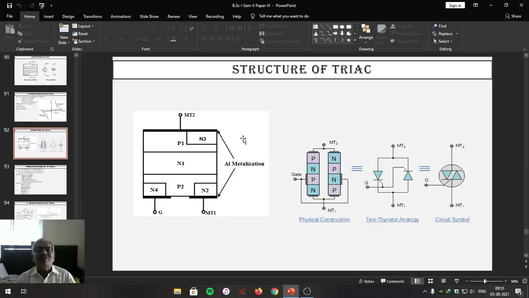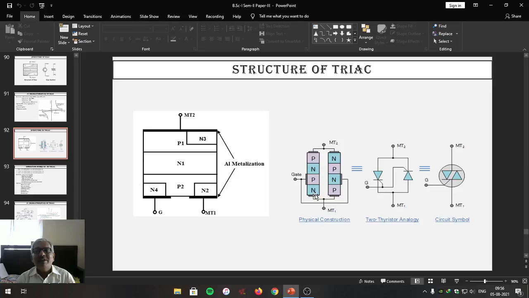Under this condition, assuming MT2 is positive, the P1 region is forward biased, whereas N3 is reverse biased. As far as MT1 is concerned, it will forward bias the N2 region and reverse bias the P2 region. Therefore, the working regions are P1, N1, P2, N3.